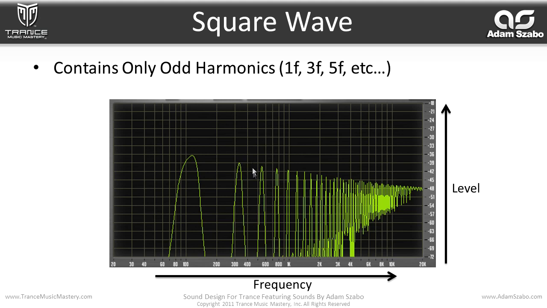And then we go up to 440, and it's missing, so we don't see that harmonic. Then we go up to 5 times the frequency, the fifth harmonic. We see that at 550. 660, we look for it there, and we do not see the sixth harmonic. So this only contains odd harmonics.